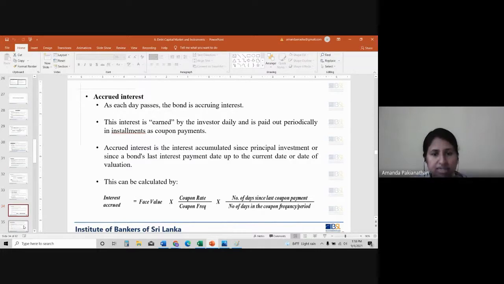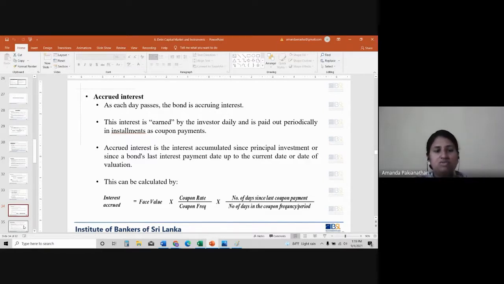But time value of money comes into consideration. The 1000 rupees I get this year is more valuable to me than the 1000 rupees I get next year. Why? Next year I don't know how the inflation would be. With the 1000 I could buy relatively more items now than I would next year. So that's why the coupon period and the frequency is very important for us to know.